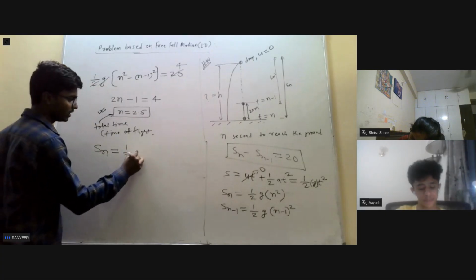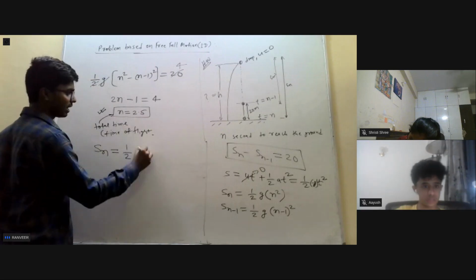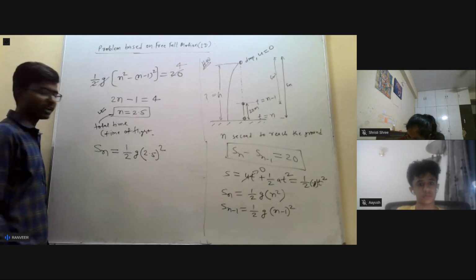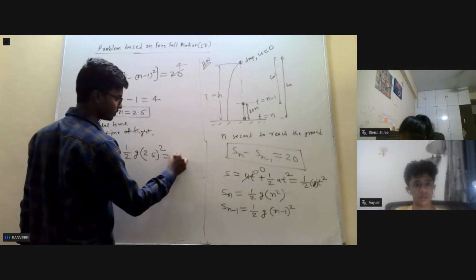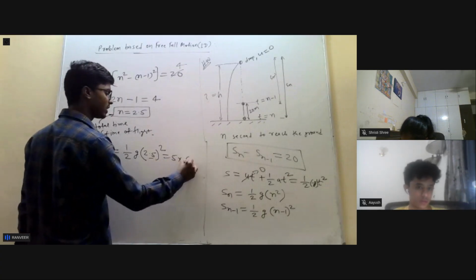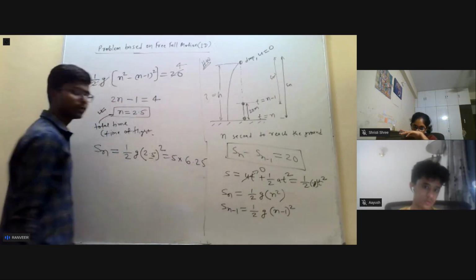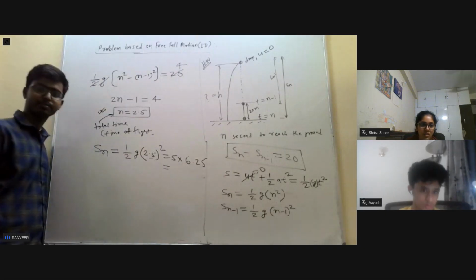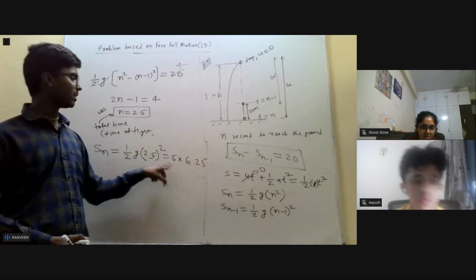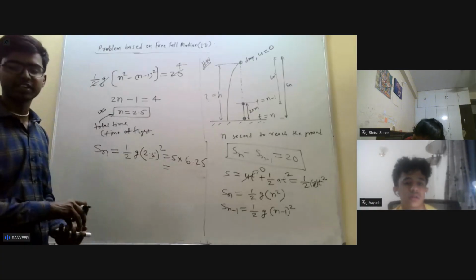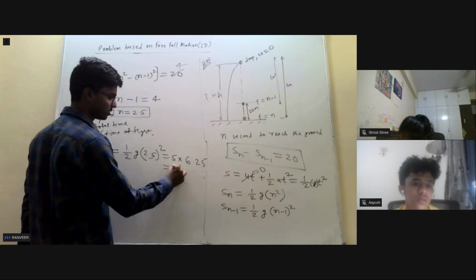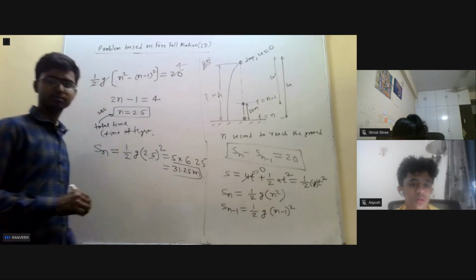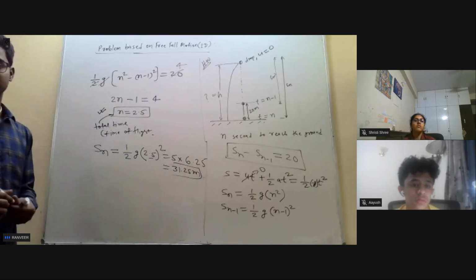So half g times 2.5 square. g upon 2 will become 5, so 5 into 2.5 square, which is 6.25. And you multiply, how much will come? 6 into 5, 30. 0.25 multiplied by 5 is 1.25. 30 plus 1.25, 31.25. Got it?